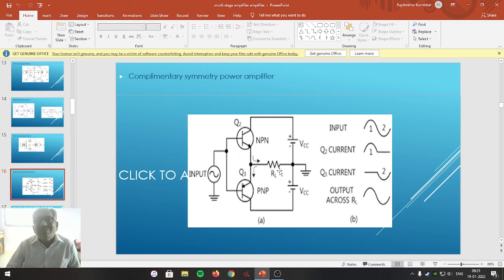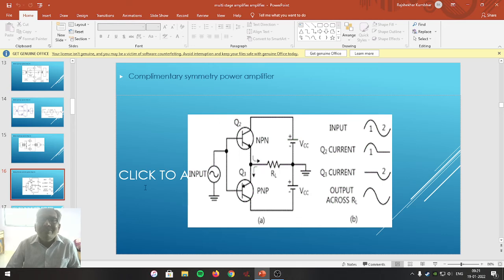Thus, as the directions of current flowing through the load resistance are opposite to each other, the difference in collector current will always flow through the load resistance and that will develop output power across the load resistance. All this makes you aware that when Q2 conducts, it pushes the current to pass through the RL.